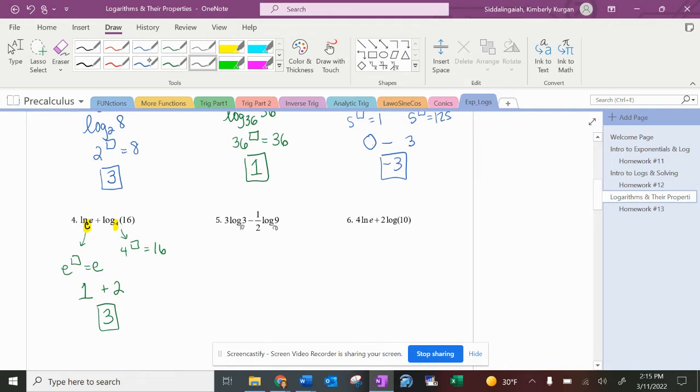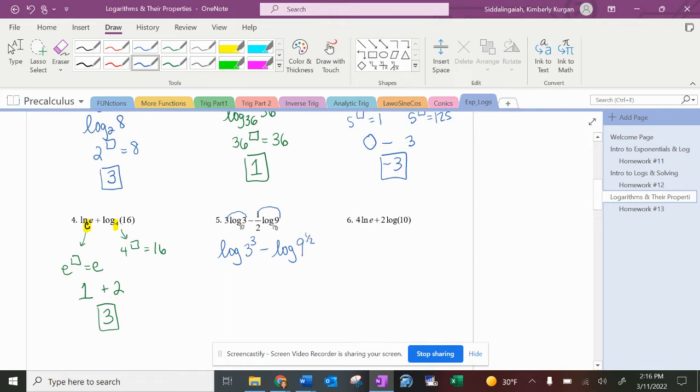So the fact that they're the same base means I actually can push them together. Before I do that, I have to bring these numbers out in front up as exponents. So I have log base 10, although I don't write the 10, of 3 to the third minus log base 10 of 9 to the 1/2.